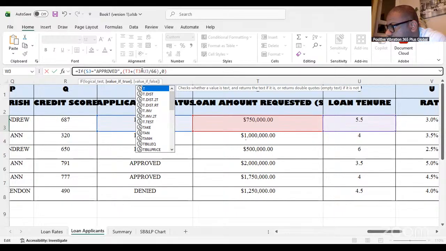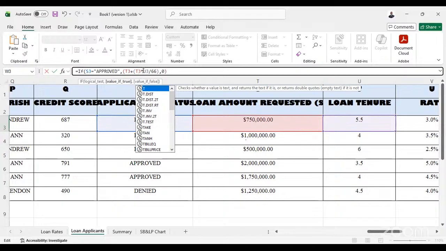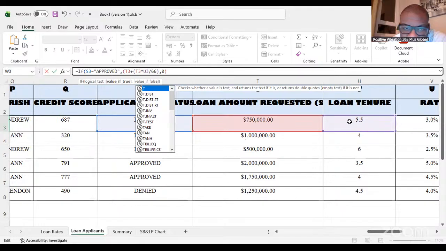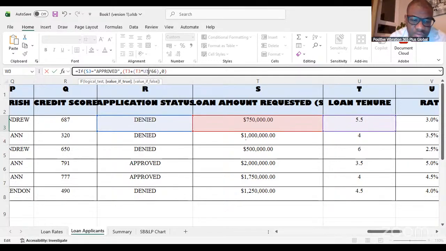And then what else do you need? T3 multiplied by the rate. And the rate is going to be this one. Is that U3? Good. U3. You need a bracket right here. Divide the loan tenure in months. And you put 66.